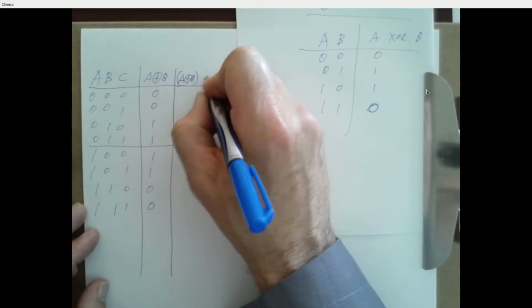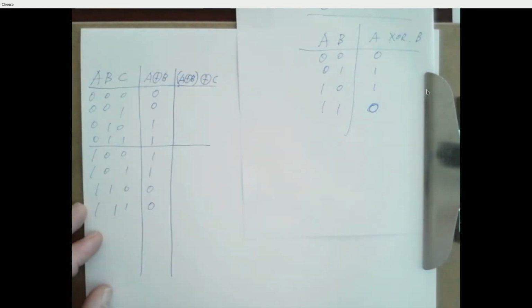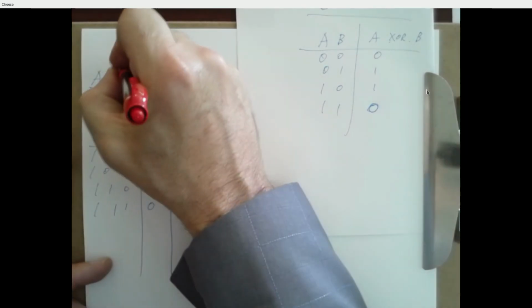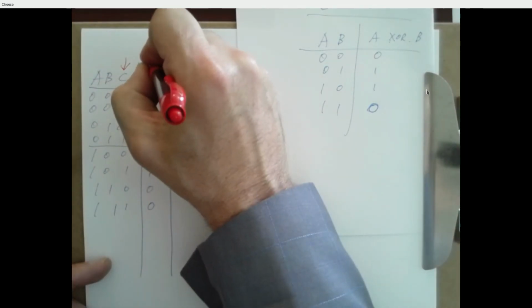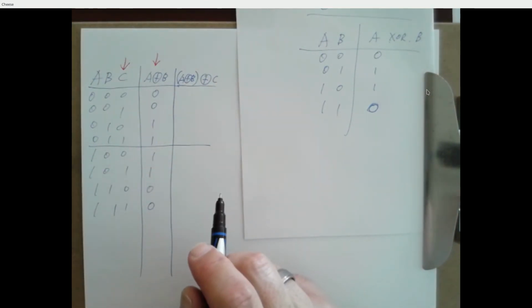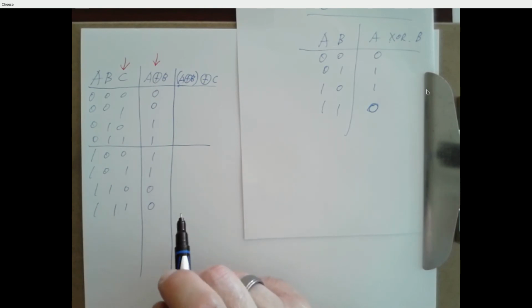If we take that column and we XOR it with C, so now we're looking at this and this. Sorry, for A XOR B, shouldn't the fourth row be a 0 in the middle one? Because both B and C are ones.